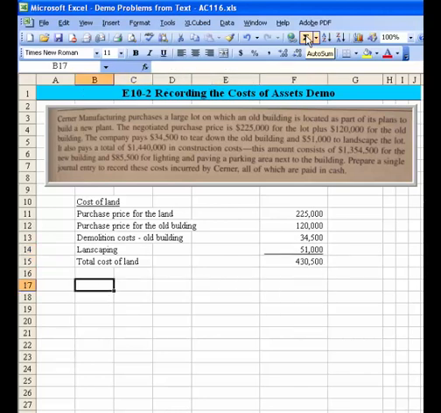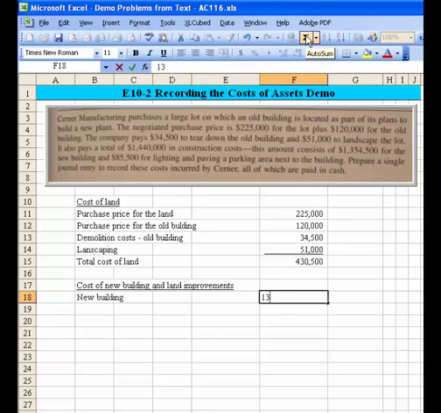Okay, then we need to consider the cost of the new building and the land improvements, right? So why don't we quickly put that together. We've got the new building cost, and the cost of the new building was given in the problem as $1,354,500.